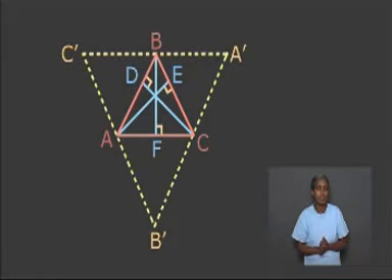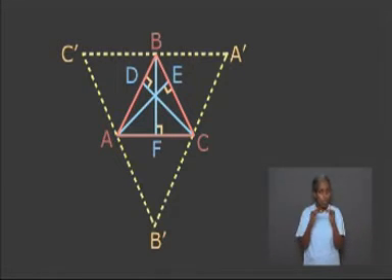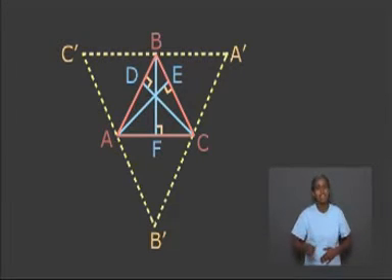Since the previous theorem already proved that the perpendicular bisectors of a triangle are concurrent, that must mean that the altitudes are concurrent as well.